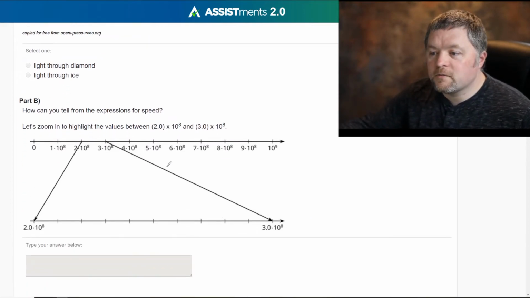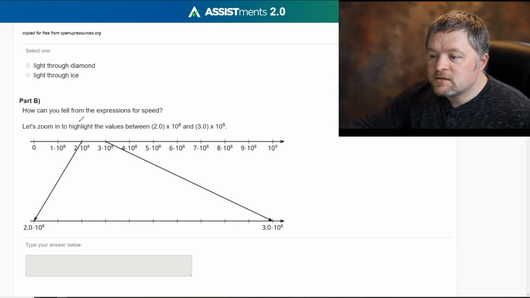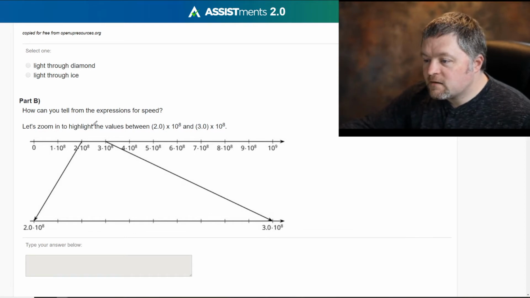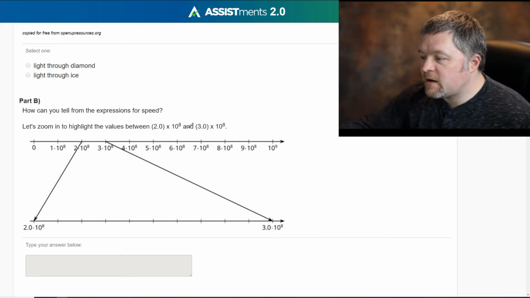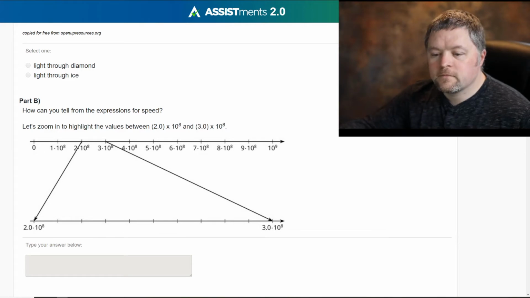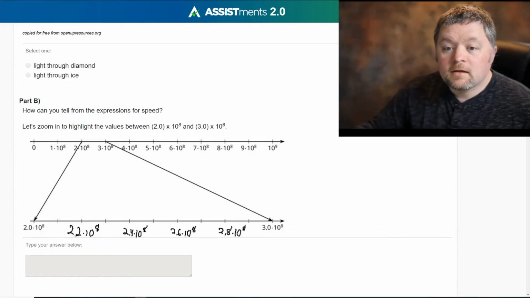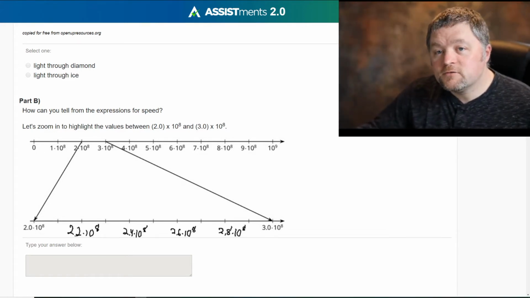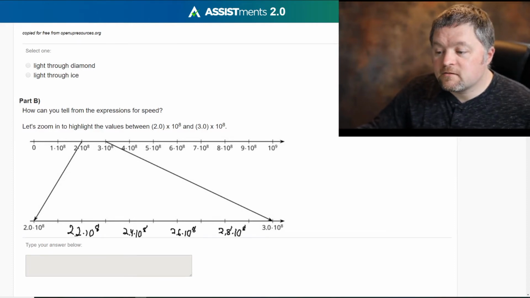Now, part B here says, how can you tell from the expressions for speed? Let's zoom in to highlight the values between 2 times 10 to the power of 8 and 3 times 10 to the power of 8. Okay, I have added some values to this number line to make it a little clearer.